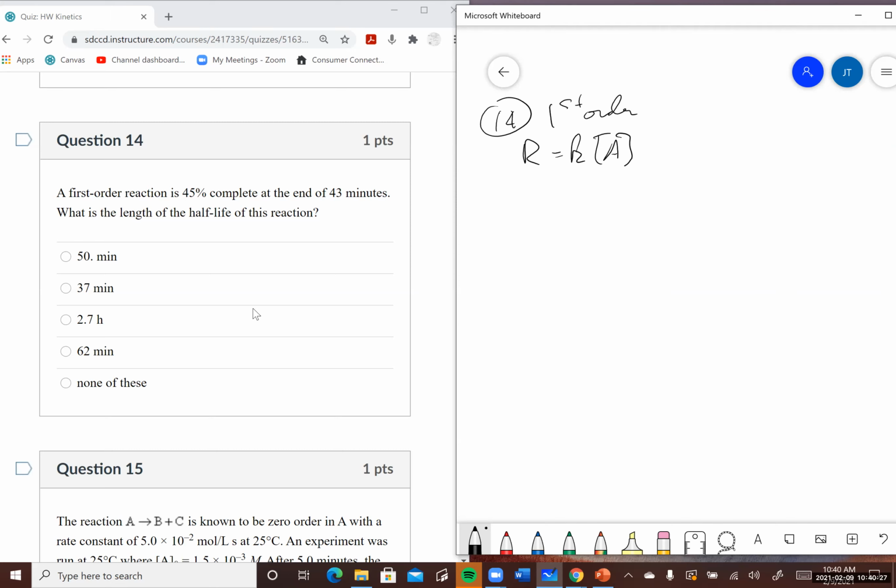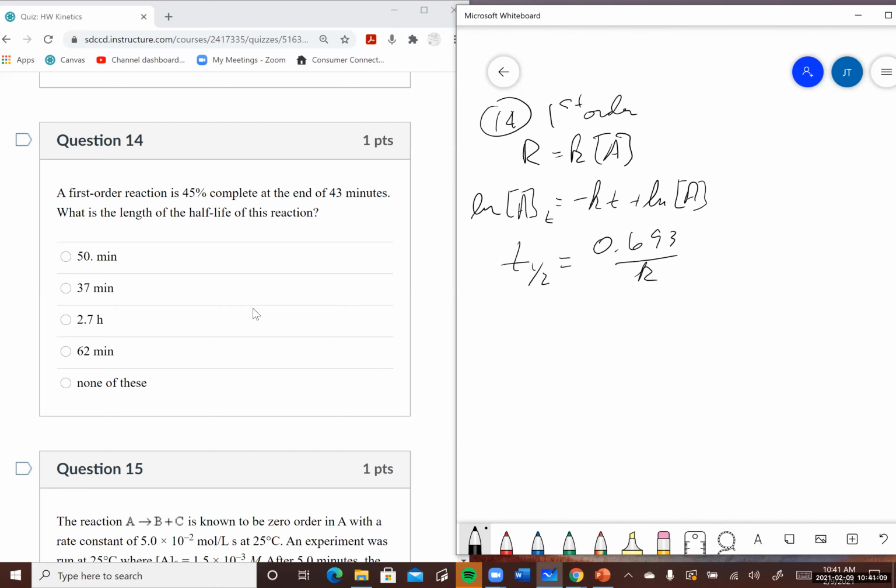I also know that the integrated rate law looks like this, because it's first order. And I also know that the half-life equation equals this because it's first order. At the end of 43 minutes, it's 45% complete. What is the length of the half-life of this reaction?